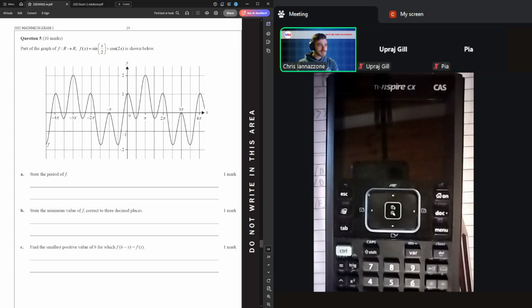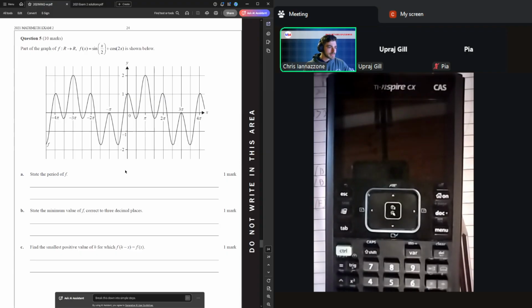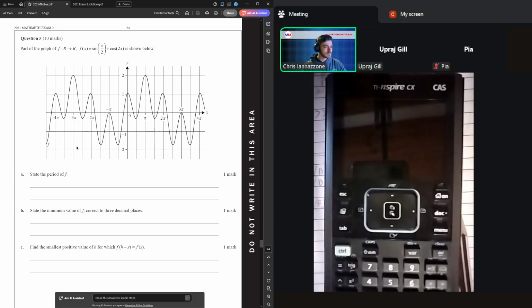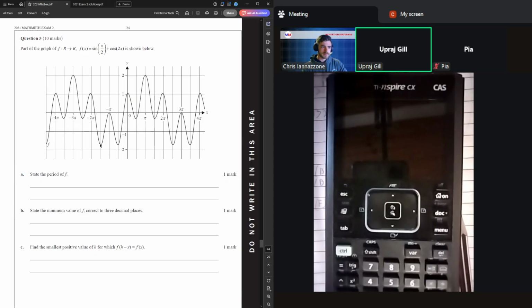Heaps of ways you can go about this one. Is it negative 1.656? Oh, okay. That's gone a bit off. Maybe. Did you use a graphing tool? I used fmin. Fmin.